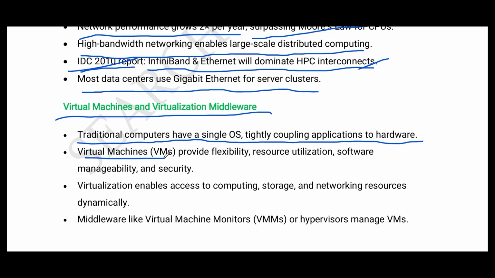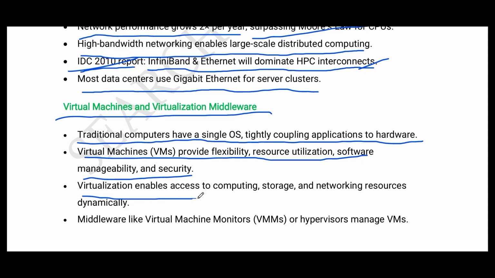Virtual machines, which are VMs, provide flexibility, resource utilization, software manageability, and security.